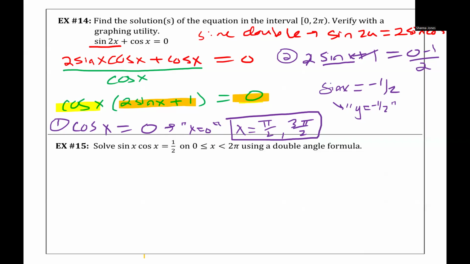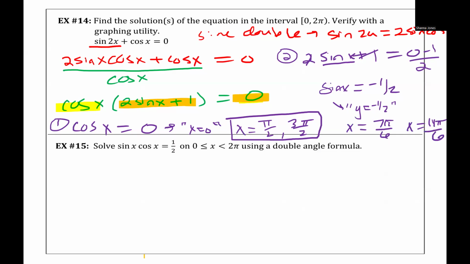So when we're looking for y equals negative 1/2, in quadrants 3 and 4, the two angles that have a reference angle of 30 degrees are x equals 7 pi over 6 and x equals 11 pi over 6. Does that make sense? Are y'all with me?